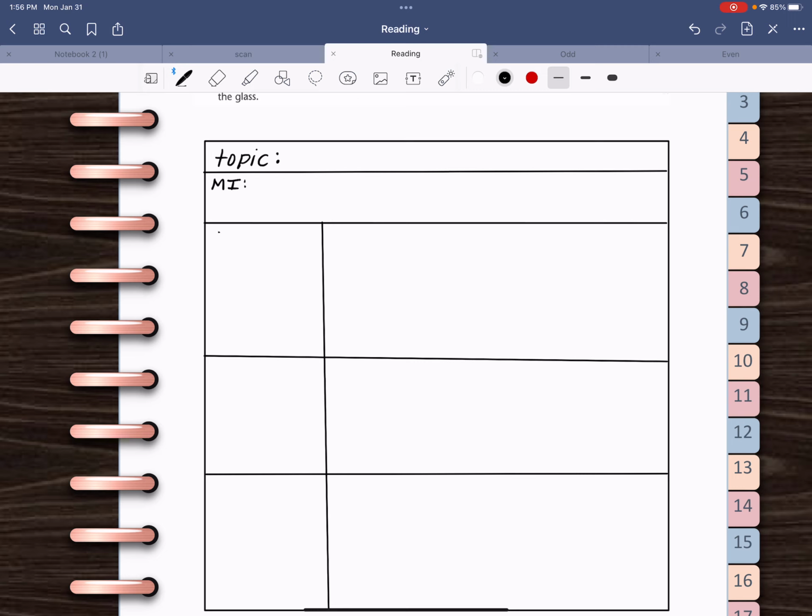And in this first box, let's put idea, point, or claim about the topic.